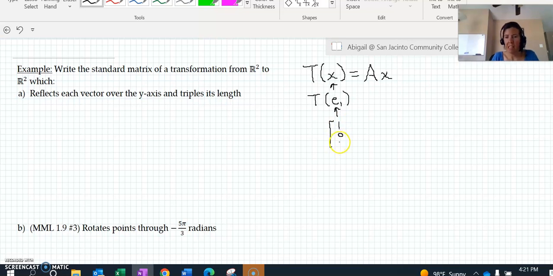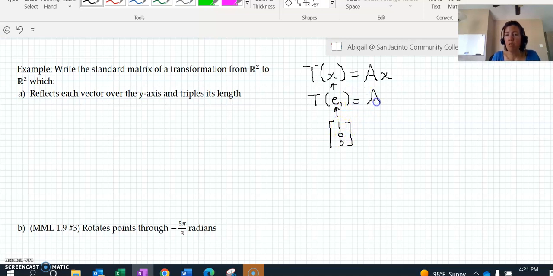So if it's in, say, R3, then it's going to be 1, 0, 0. Or if it's in R4, it's going to be 1, 0, 0, 0. Or if it's in R2, it's 1, 0. Okay, you get the idea. Point is, it's got a 1 in the first position, zeros everywhere else.